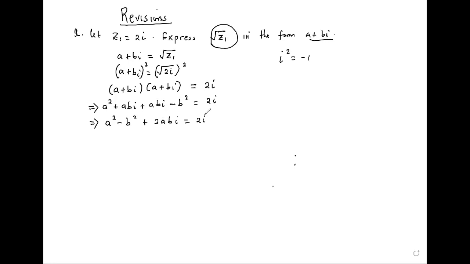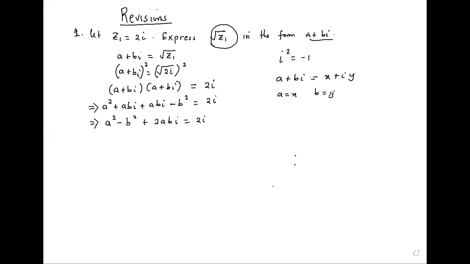Now I want to mention that two complex numbers, a plus bi and x plus iy, will only be equal if a is equal to x and b is equal to y. So the real parts must be equal to each other, and the imaginary parts should also be equal to each other.